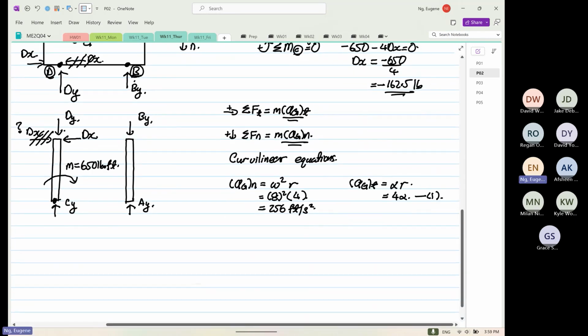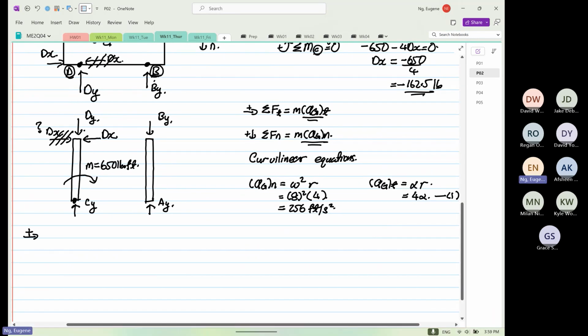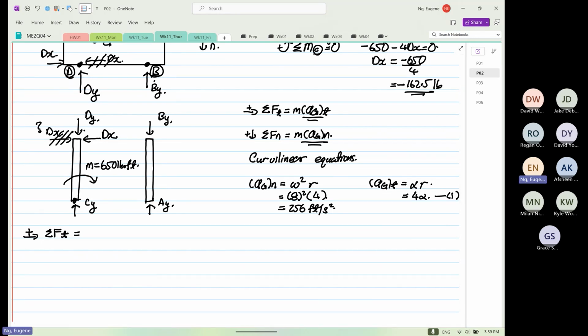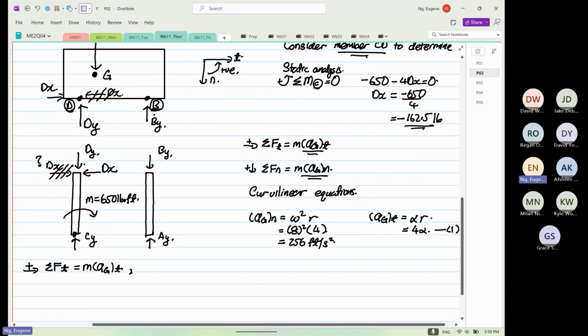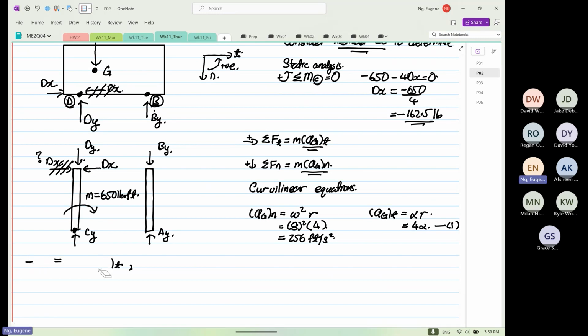So from here, we do summation of forces in the tangential direction is equal to m aGt. So, in the tangential direction now, sorry, I'm sorry, we are going to consider the crate now.